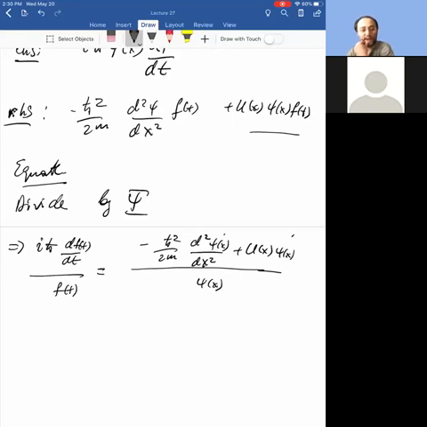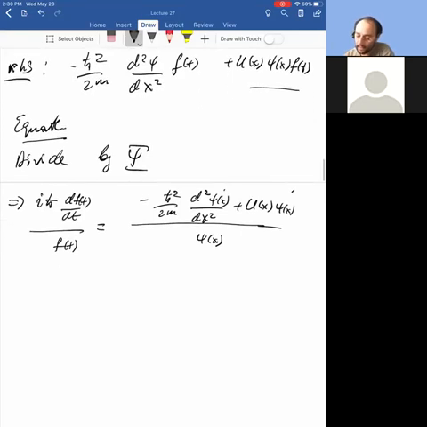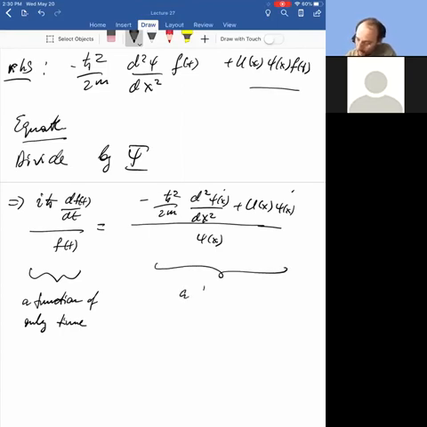And you say, wait a second. The left-hand side is a function of only time, and the right-hand side is a function of only space. How is that possible?